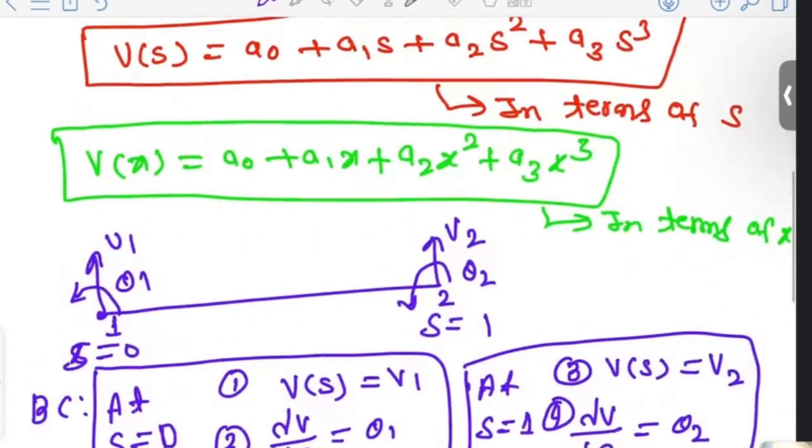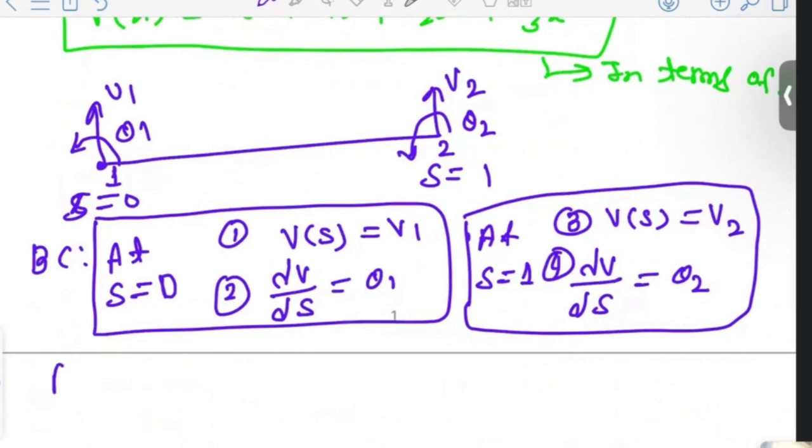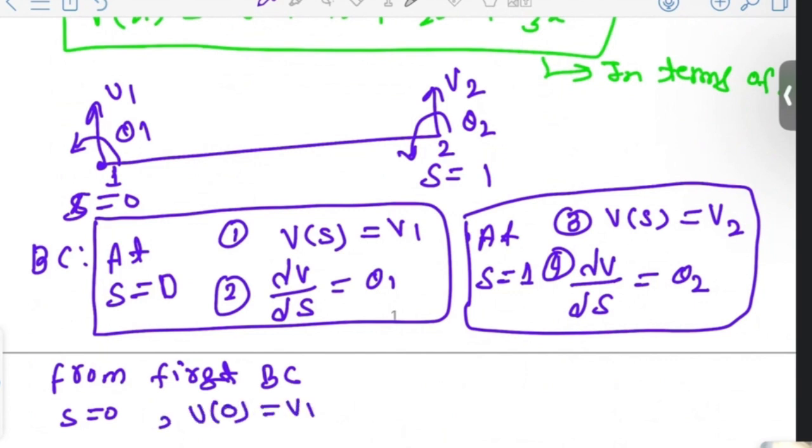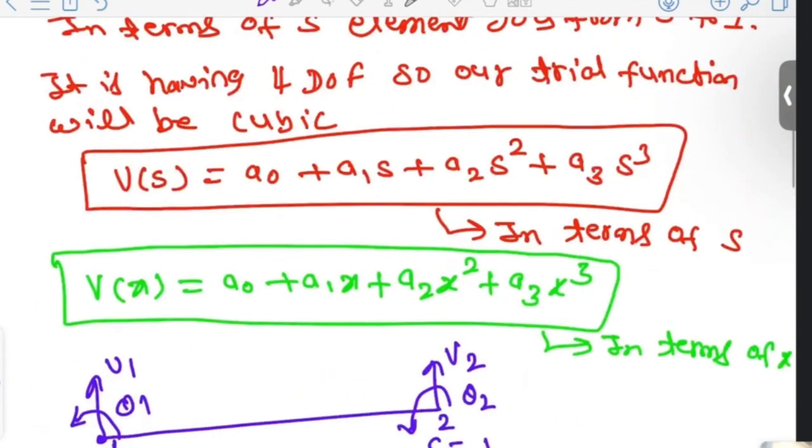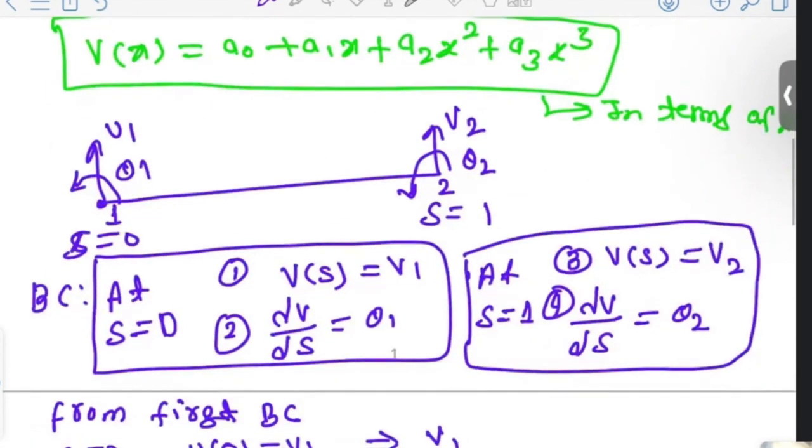From the first boundary condition, at s equal to 0, V(0) equals V1, so V1 will be A0.